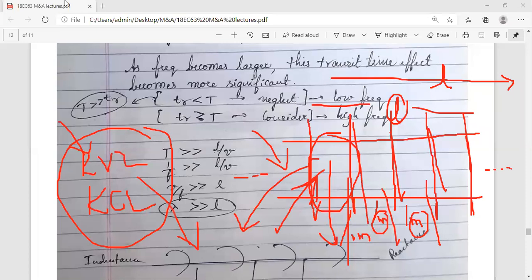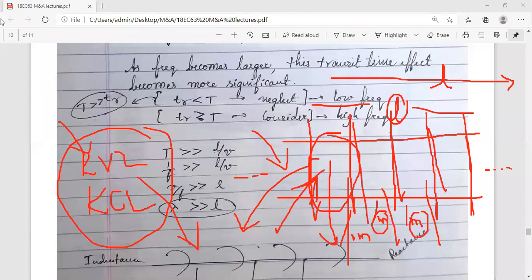I hope you understood. I need to do some modification. I cannot directly apply these laws to the complete transmission line circuit, because transmission lines work at higher frequencies, and at higher frequencies the wavelength lambda is comparable to the length of the line, because of which transit time effect occurs.